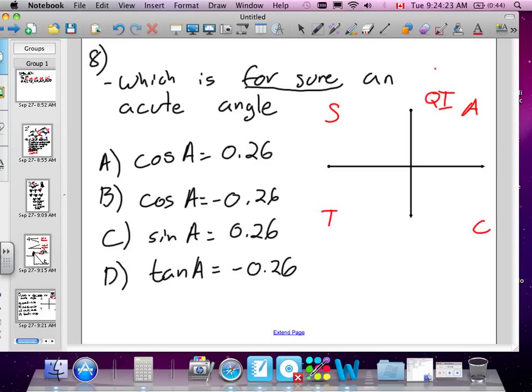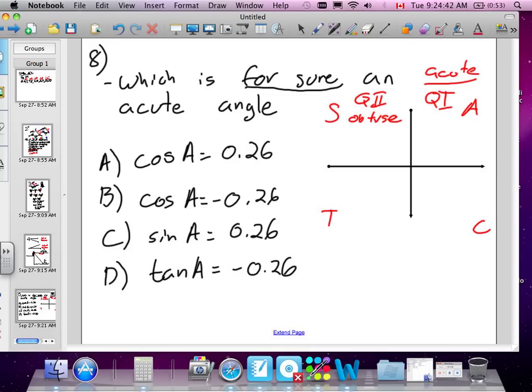Quadrant 1 is acute angles. Okay? Quadrant 2 are obtuse angles. So the question says, which must be an acute angle?